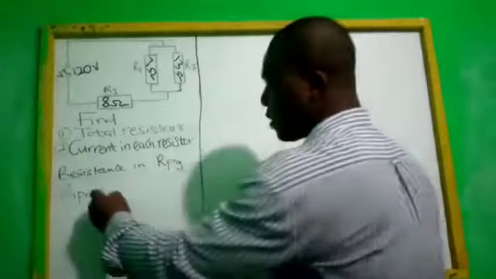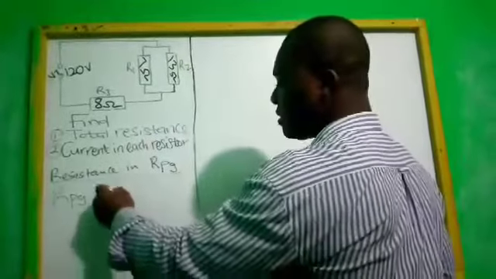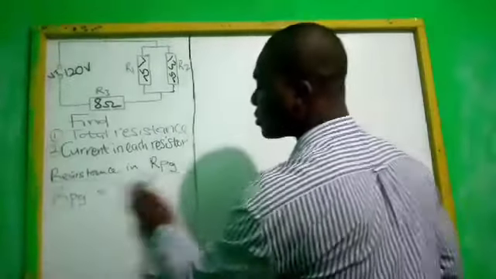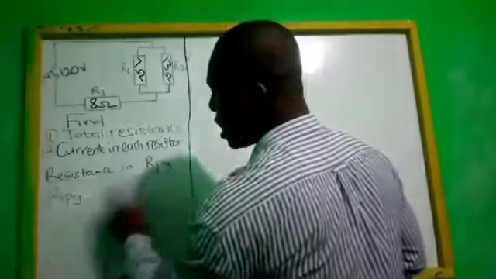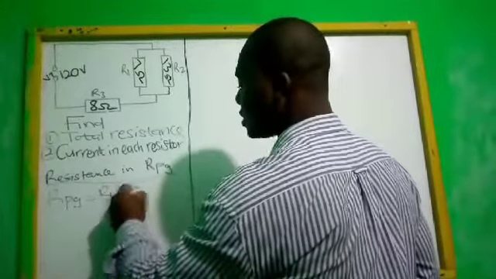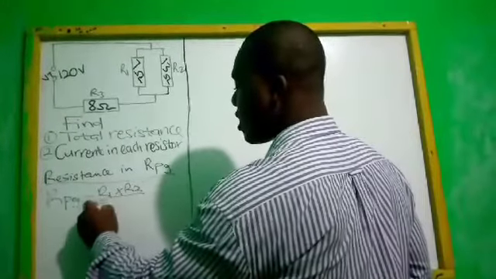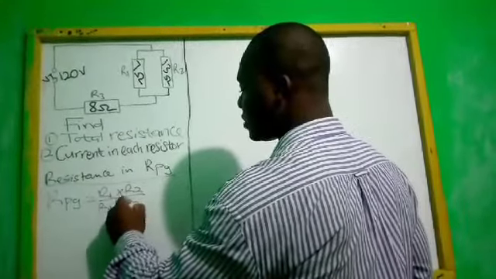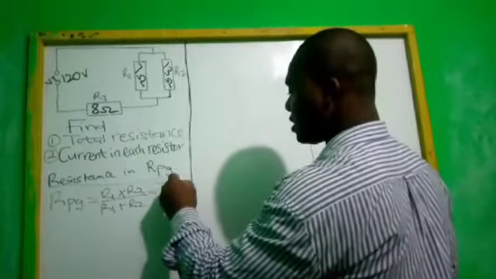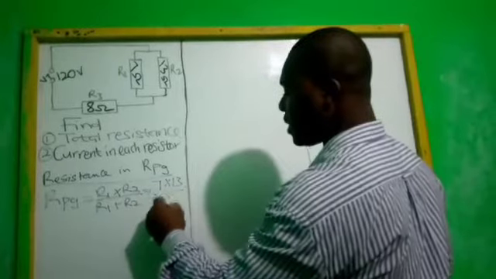The resistance in the parallel group is product over sum, that is R1 times R2 over R1 plus R2, which is 7 times 13 over 7 plus 13.